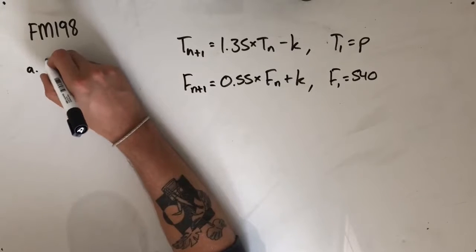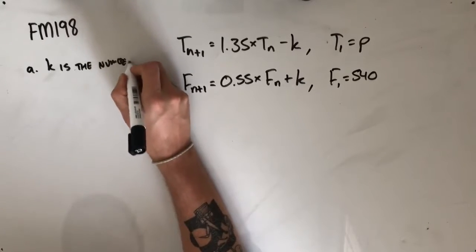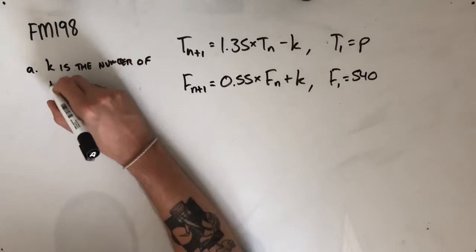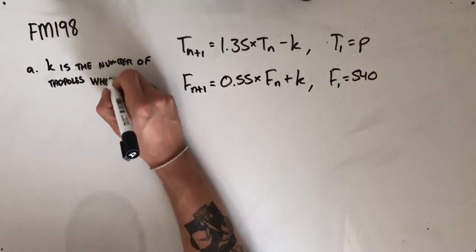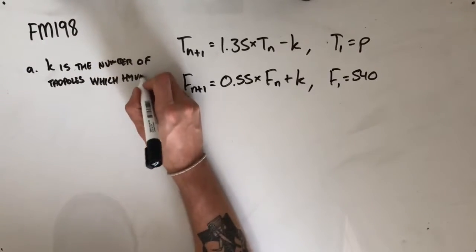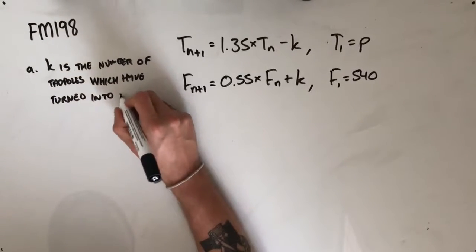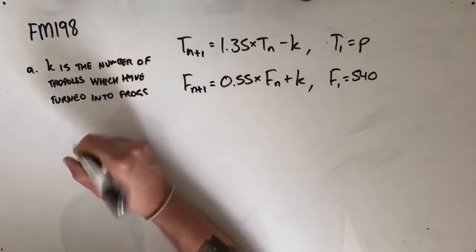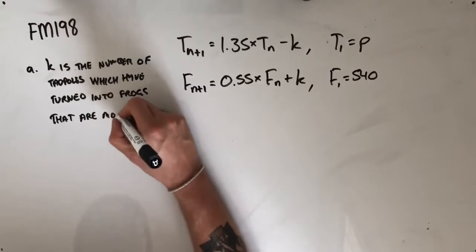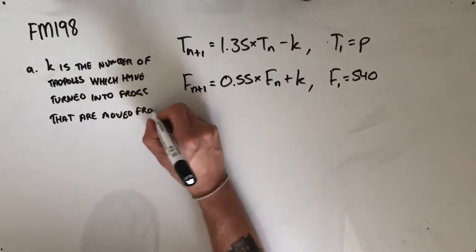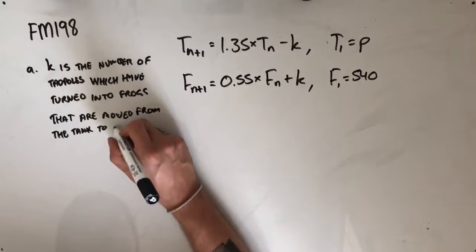So we would write something along the lines of: k is the number of tadpoles which have turned into frogs that are moved from the tank to the enclosure.